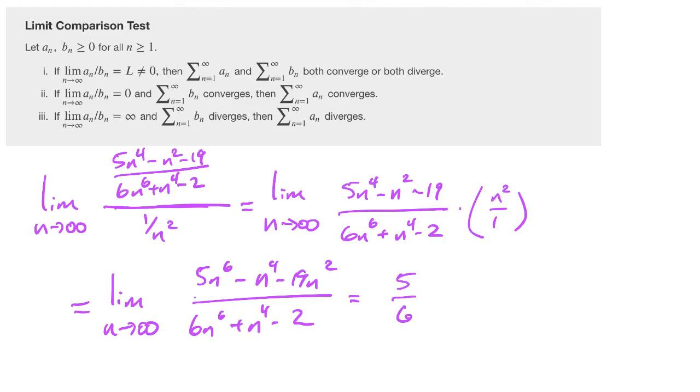So according to our limit comparison test, we're in the first case, where our limit is some non-zero value, and that tells us that the two series have the same behavior.